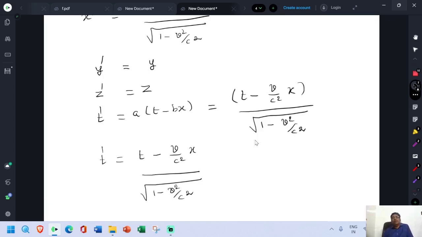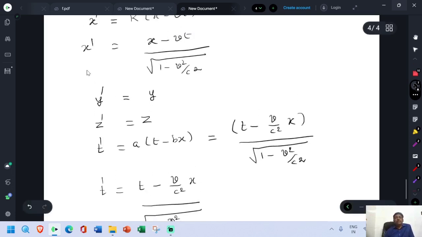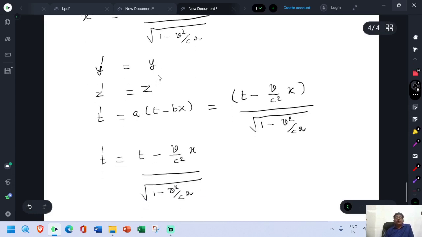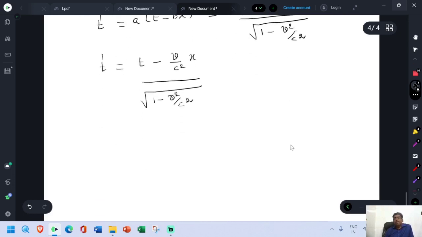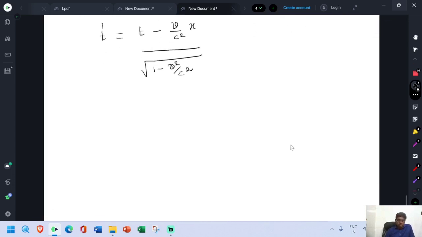These are all called Lorentz transformation equations. X dash is equal to x minus vt divided by root of 1 minus v square by c square. Y dash equal to y, z dash equal to z, t dash equal to t minus v by c square into x divided by root of 1 minus v square by c square.